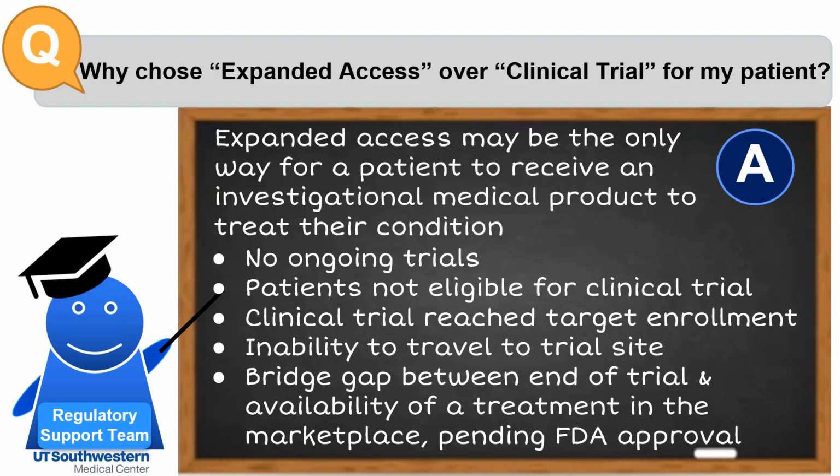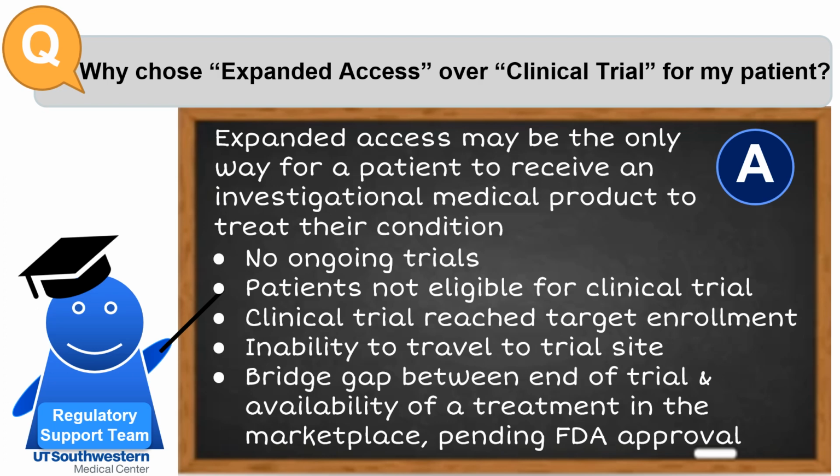You may choose expanded access over participating in a clinical trial simply because expanded access may be the only way for patients to receive the investigational product. As I mentioned, there may be a situation where there is no ongoing clinical trial, or again, your patients do not fit the inclusion criteria for an active clinical trial.